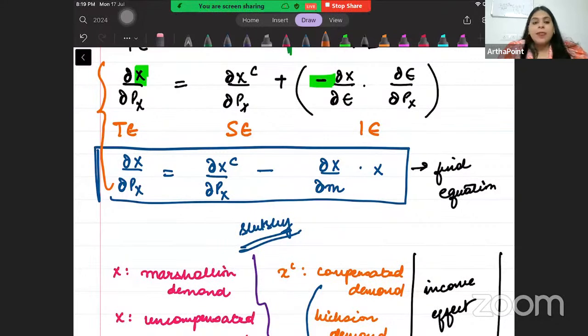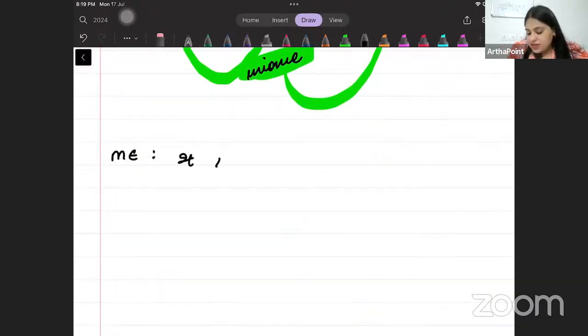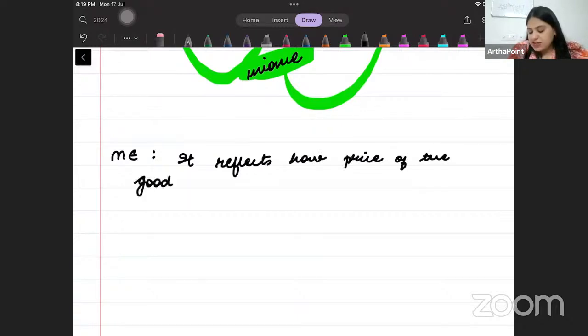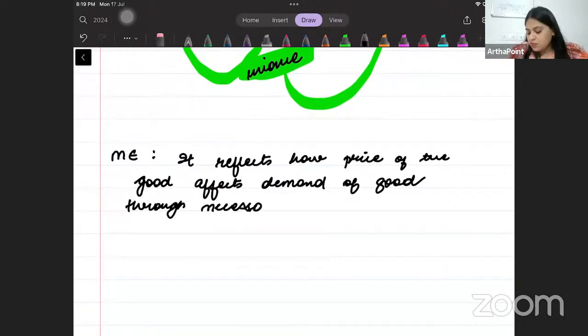Done? Fine. So let's write down this income effect decomposed also. So please write down first of all, income effect. It reflects how the price of the good affects the demand of the good through necessary changes in expenditure.